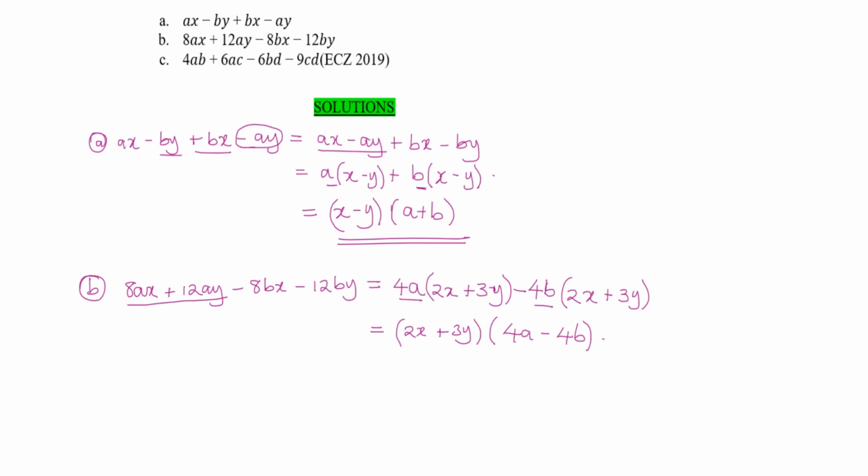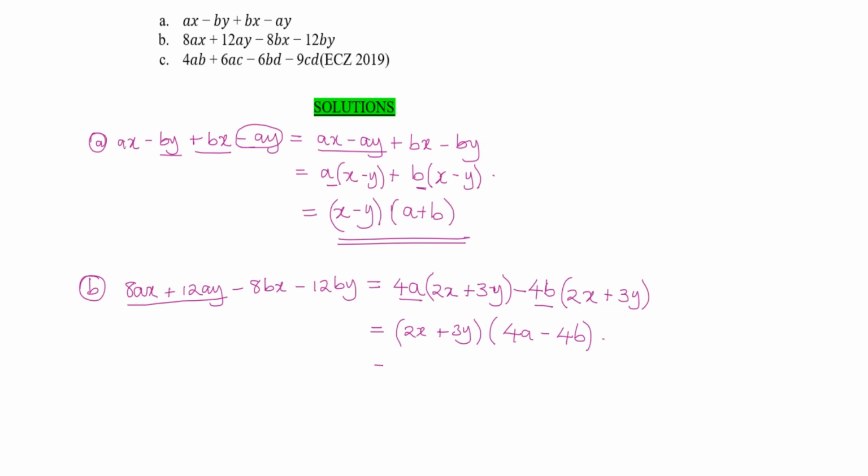Okay, if we are asked to factorize completely, we can go further by factorizing this other part, because this other part also has a factor 4. So we'll say 4 again is a factor there.